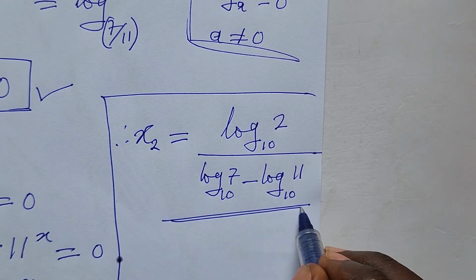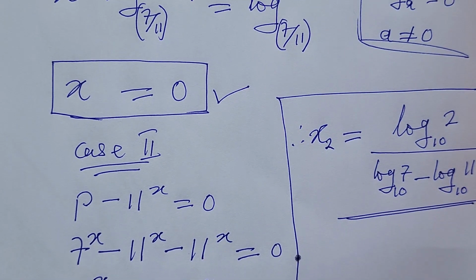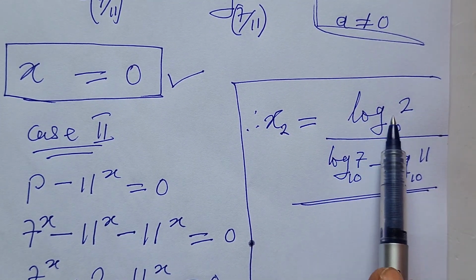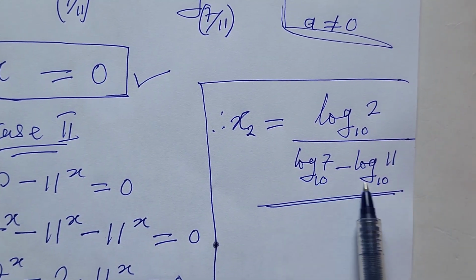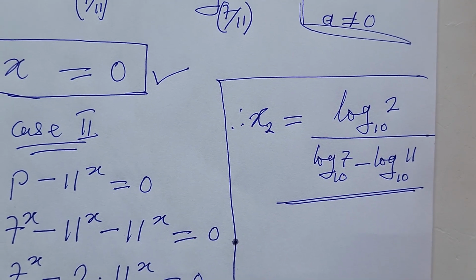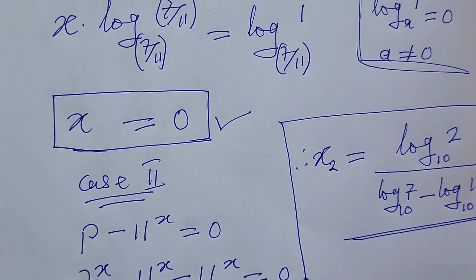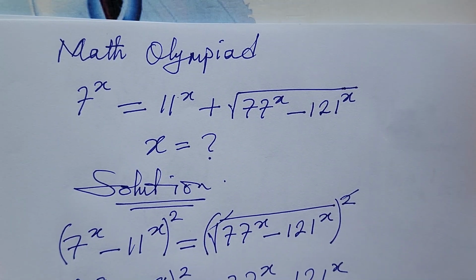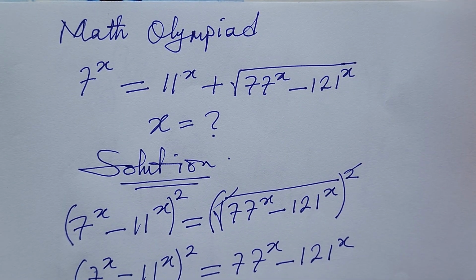This is our x2. Okay, so you can get the numerical value by plugging this into your calculator, and when you do this, you get your numerical value. So this brings us to the end of this Math Olympiad challenge, which is this very question here. Okay, so we have been able to solve for 2 roots to this Math Olympiad challenge.